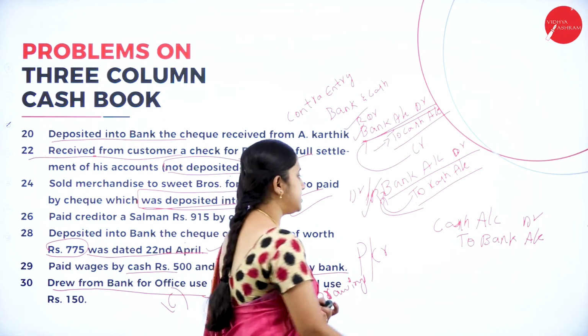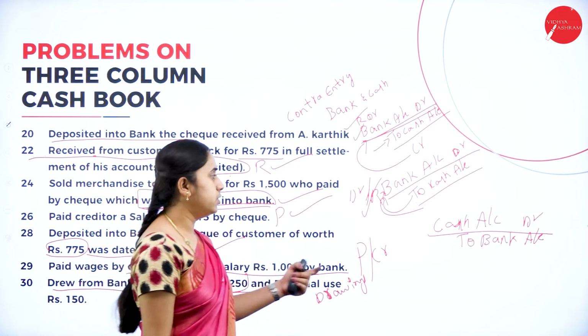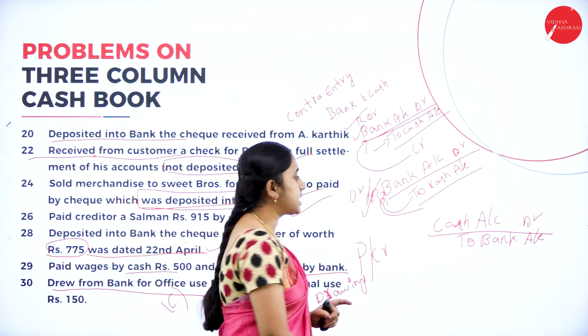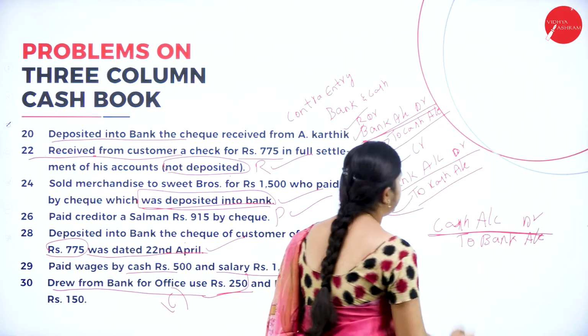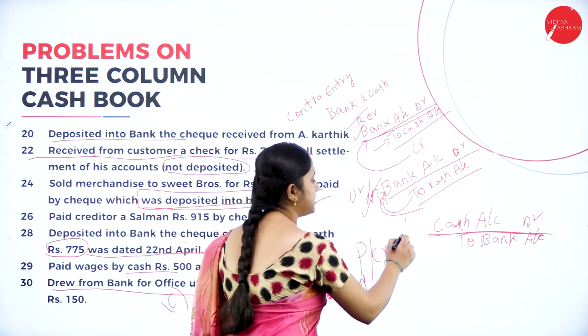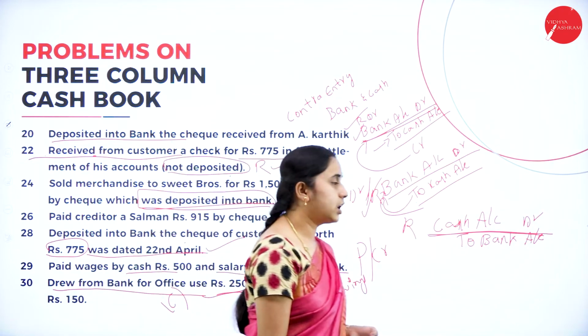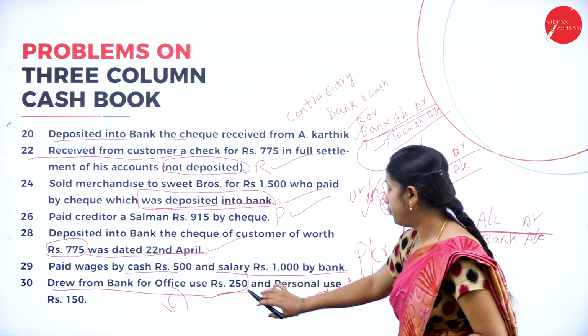So now start posting into the cash account. So now write in the cash book. First consider this cash account. Here cash is debited. So write in the debit side, that is receipt side, to bank account rupees 250.